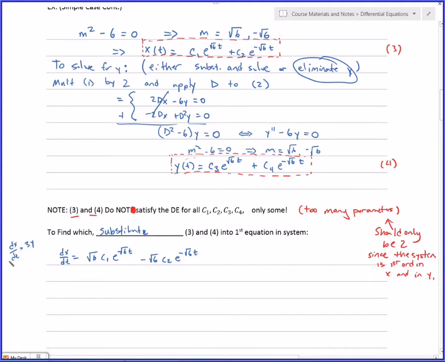That's what dx dt equals. So set that equal to 3 times y, which was c3 e to the square root of 6t plus c4 e to the negative square root of 6t.